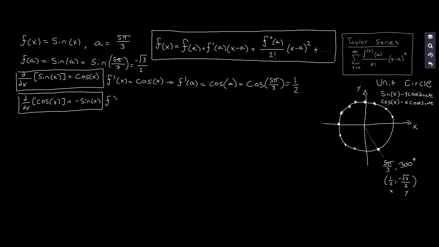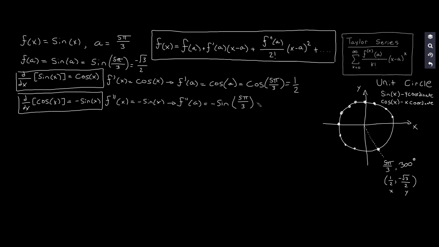And that would mean that f double prime of x is going to be negative sine of x. Of course, we want f double prime of a, right? We want f double prime of a, and that's the same thing as negative sine of a. And instead of writing a in there, we're just going to put in 5 times pi over 3.